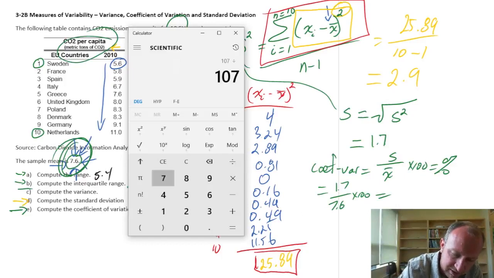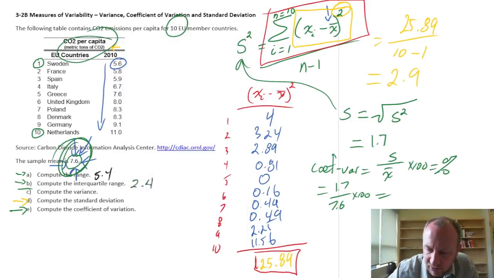1.7 divided by 7.6 times 100. Oops. Something went wrong there. 1.7 divided by 7.6 times 100. So 22.4%.